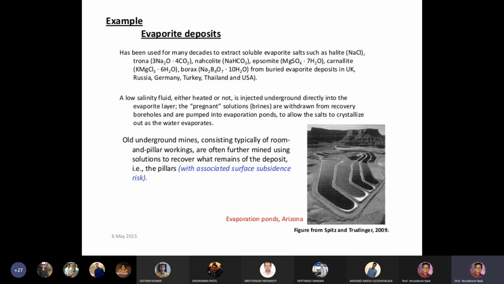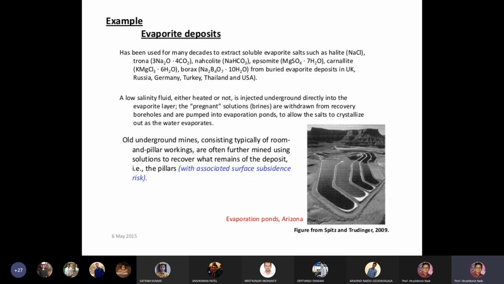Sylvite is also an evaporite deposit, and carnallite from buried evaporite deposits in the UK, Russia, Germany, Turkey, Thailand. So these are the different types of evaporite deposits which are mined by the in situ leaching method.